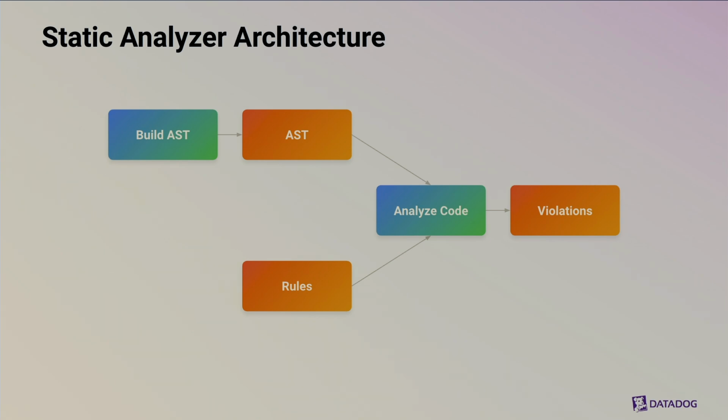That query outputs AST nodes, and combined with whatever rules we write, that's what allows us to analyze the code to see if there are any violations or not. And if there are violations, that is the output of the system that ends up getting displayed to the end user.